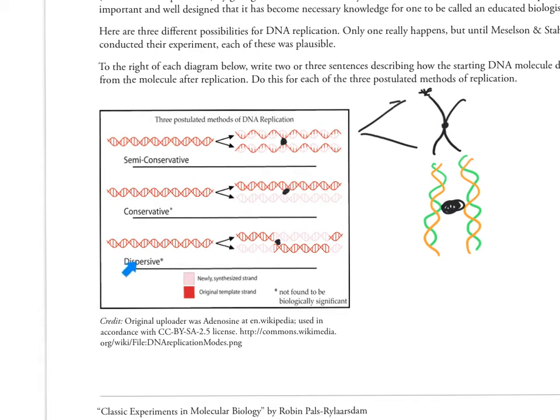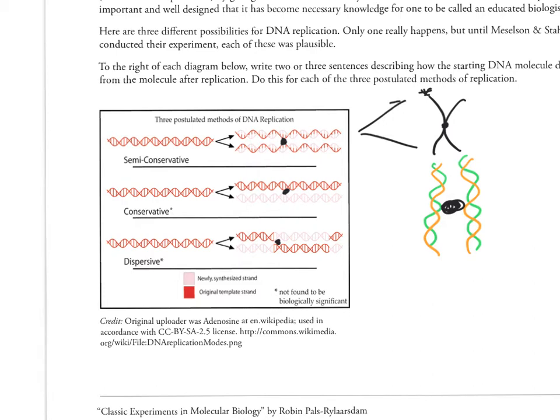All right. Then the third possibility was this dispersive concept, where you made a copy, you kept some of it the same here. These are the two original DNA strands, but then you made some new DNA, and over here you have some of the original that's missing here, and you have some new DNA made over here for both strands.